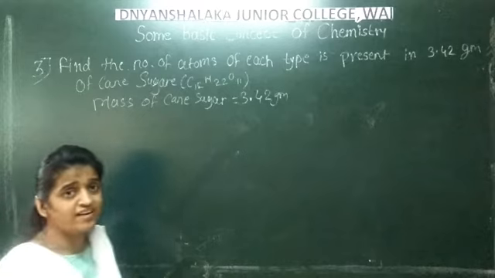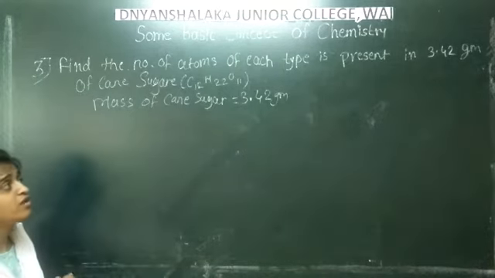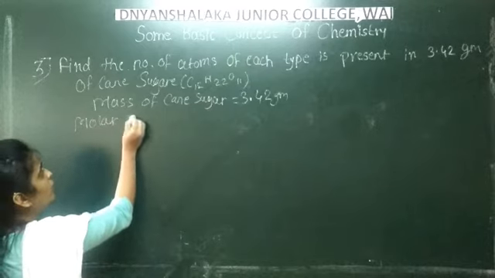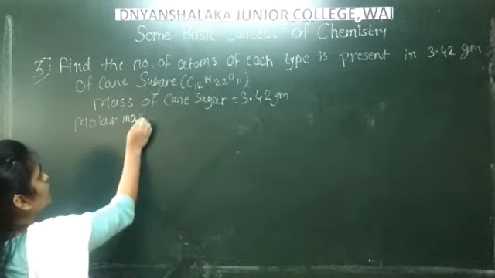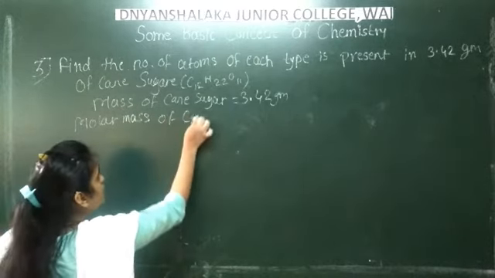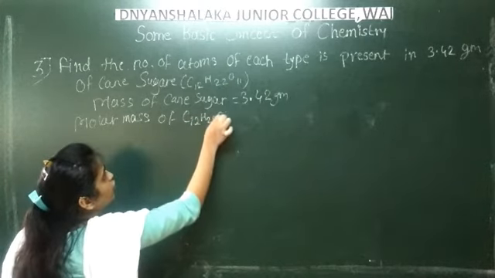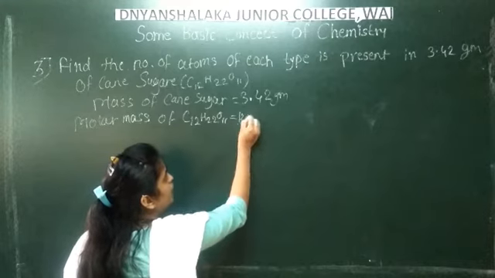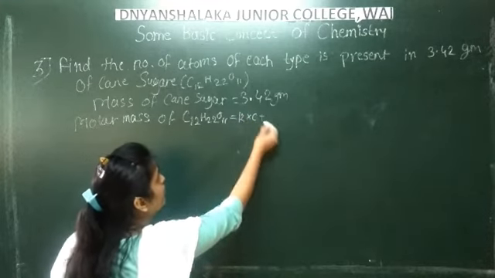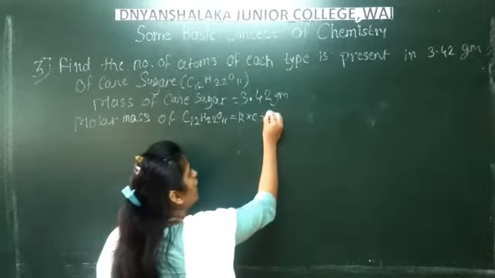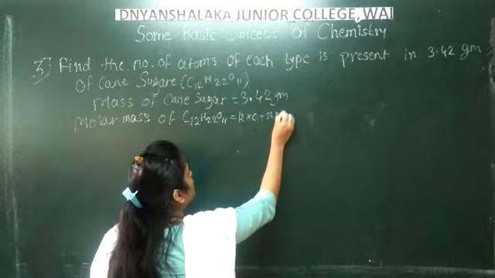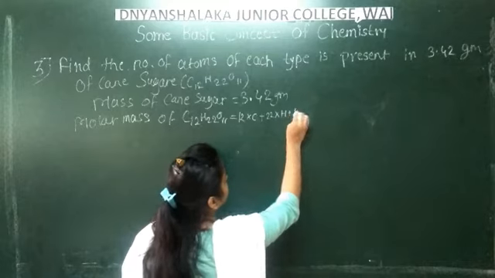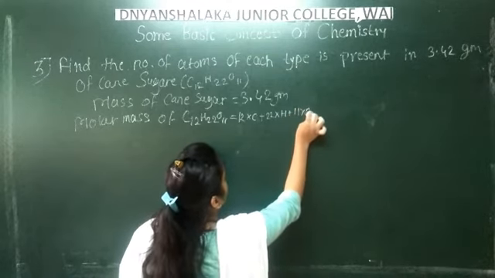We first have to find the molar mass of cane sugar. The formula of cane sugar is C12H22O11. So 12 atoms of carbon into the average atomic mass of carbon, plus 22 atoms of hydrogen into the atomic mass of hydrogen, plus 11 atoms of oxygen into the atomic mass of oxygen.